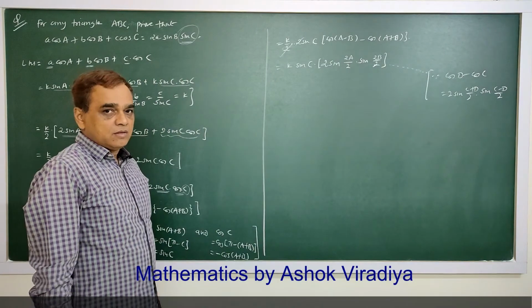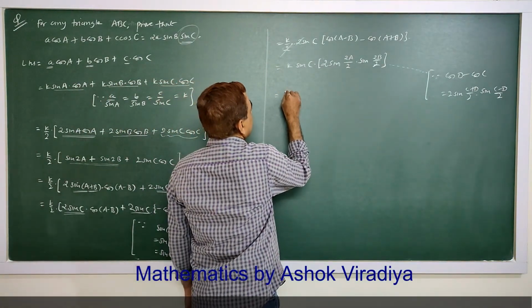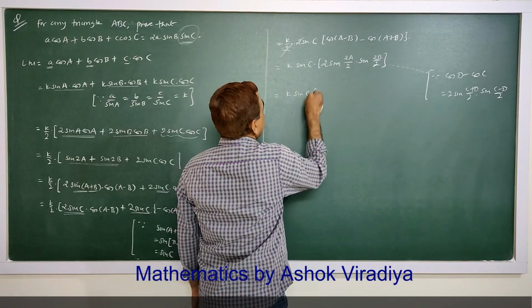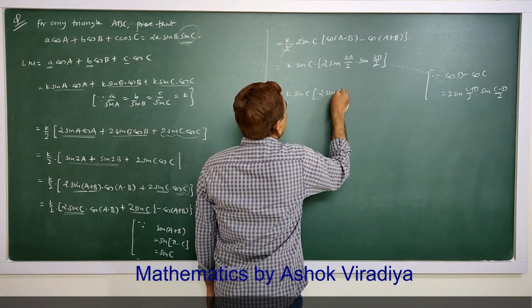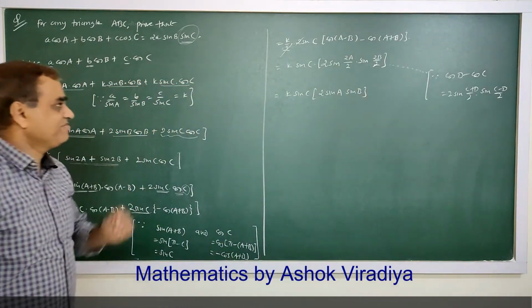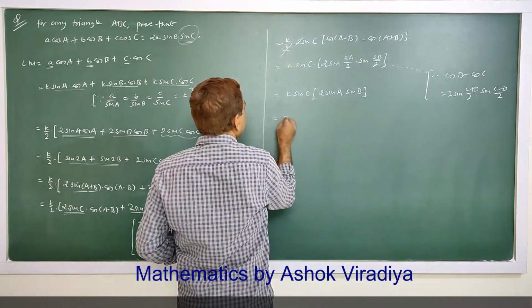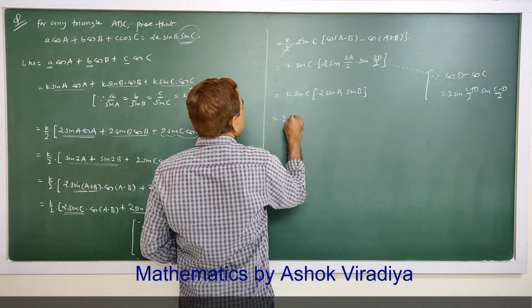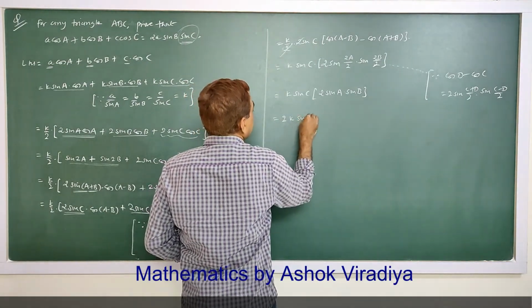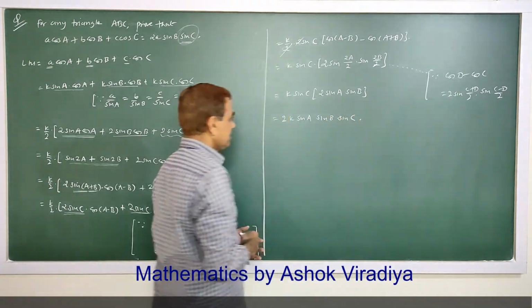That is, k into sine c into 2 sine a into sine b. Now here 2 I am taking out, then k as it is, then sine a into sine b into sine c.